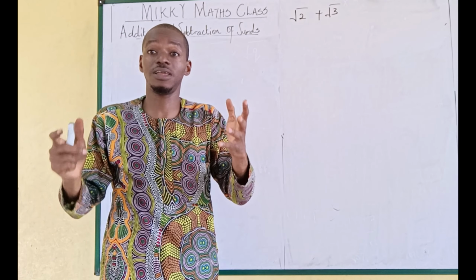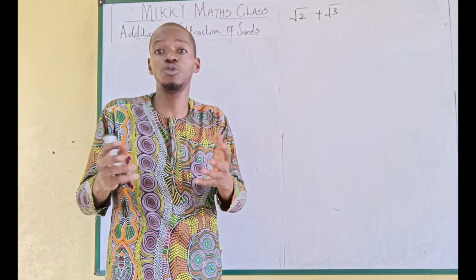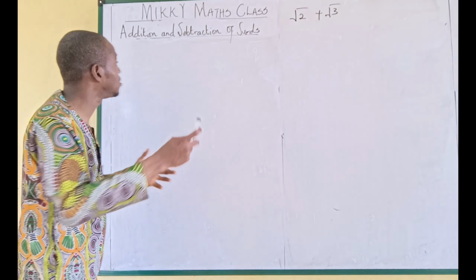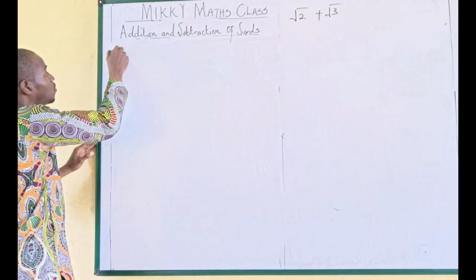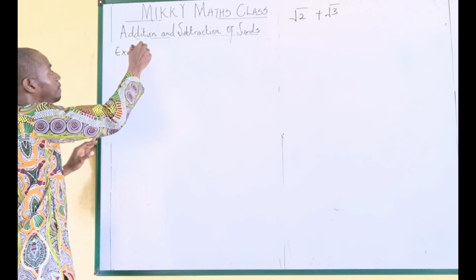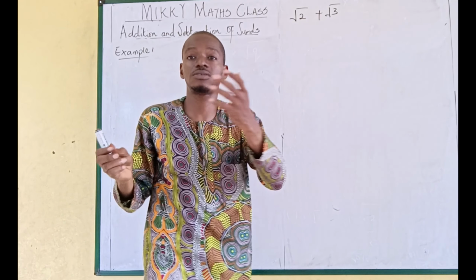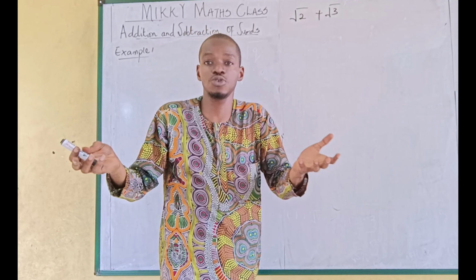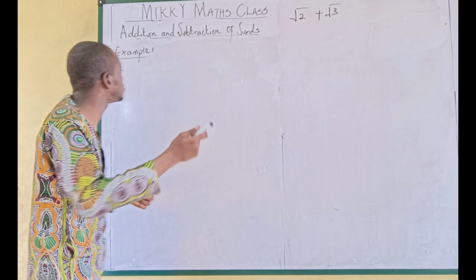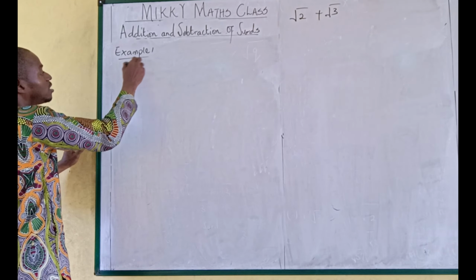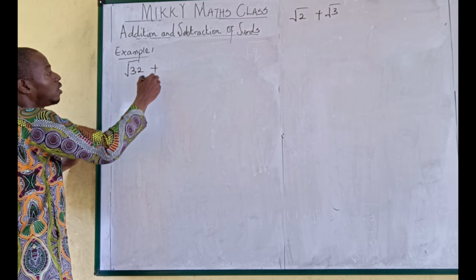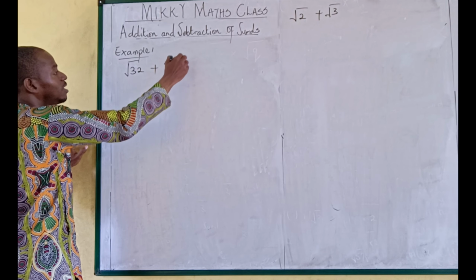Now, let's take an example. For example, example 1, you might be asked to add the surds root 32 plus 3 root 8.